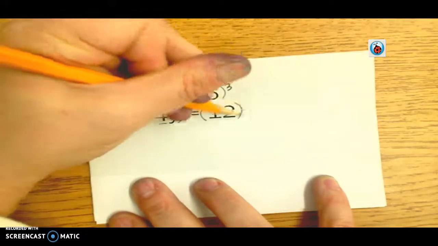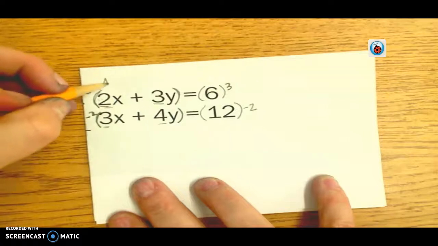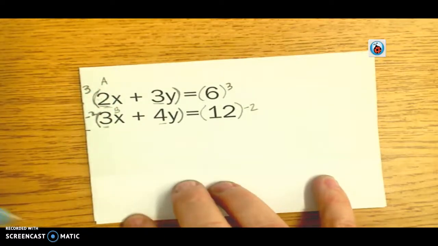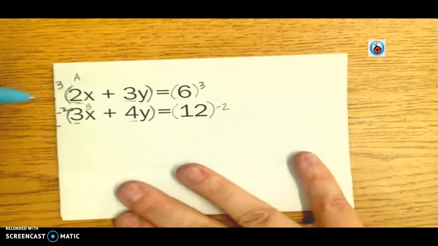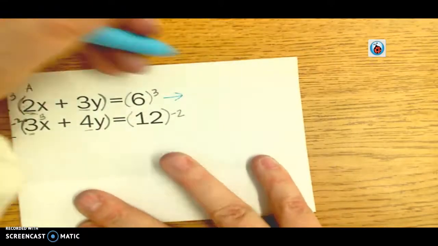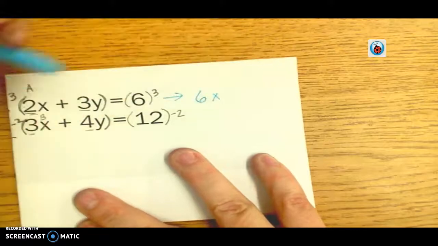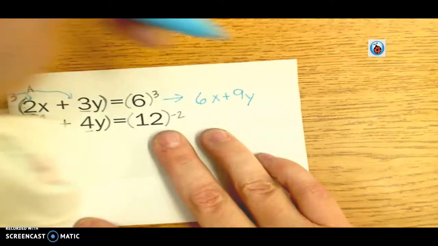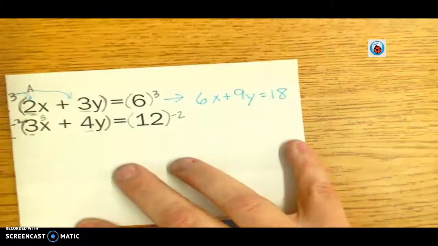All right, but whatever I do to one. So again, let's talk about this equation A. That's equation B. Okay, so my equation A, after my goons are done with them, now looks like this: 6x plus 9y, remember we have to distribute to everything, equals 18.